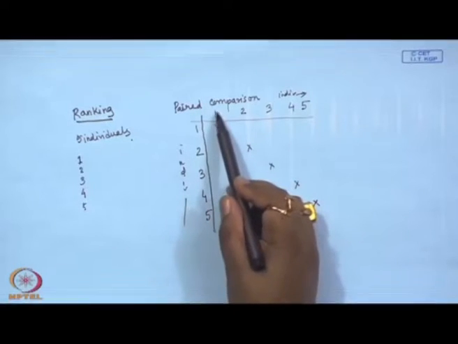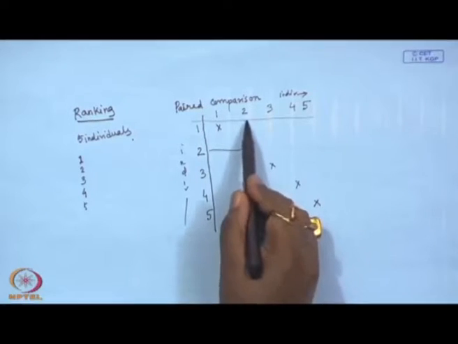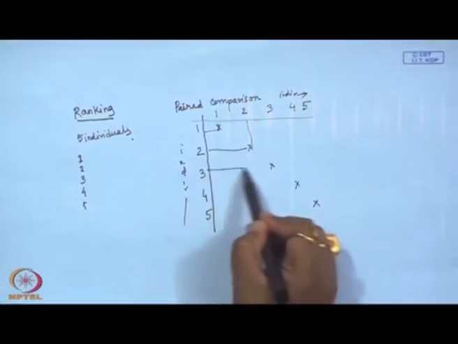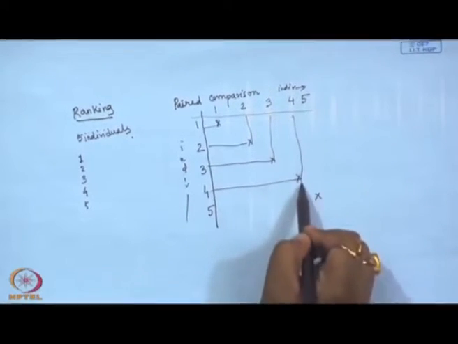Like 1 we cannot compare with 1, and 2 you cannot compare with 2. So, the diagonals you find have been blocked because these are the same individuals to be compared together.